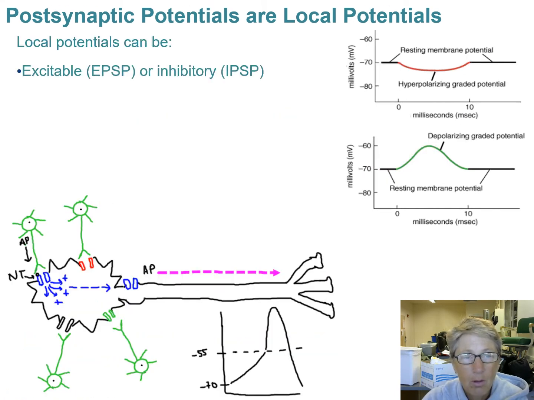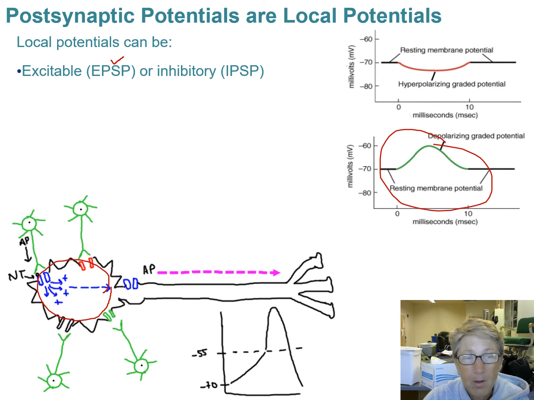So local potentials, remember, are going to occur in the cell body, not the axon. They can be excitatory or inhibitory depending on the neurotransmitter and the type of ion that goes into the cell. If the local potential is excitatory, that means positive charges came in, and the graph looks like this.